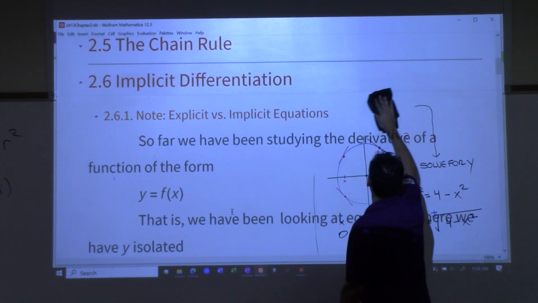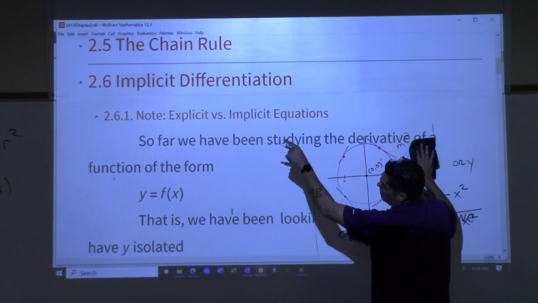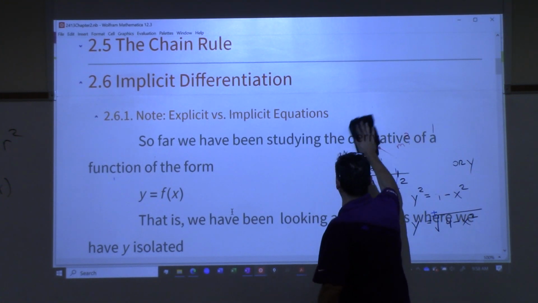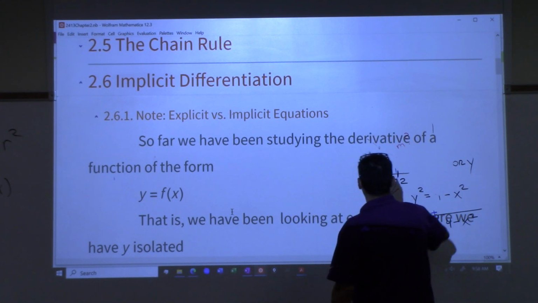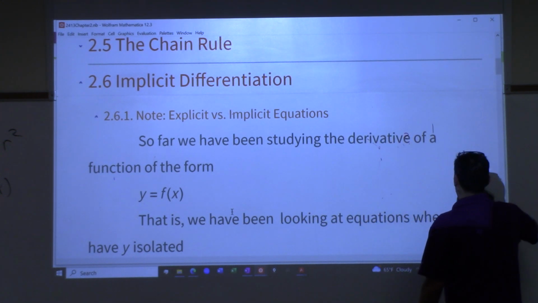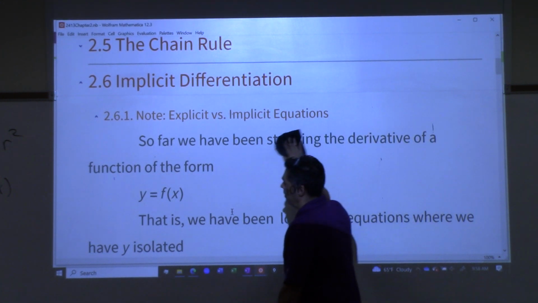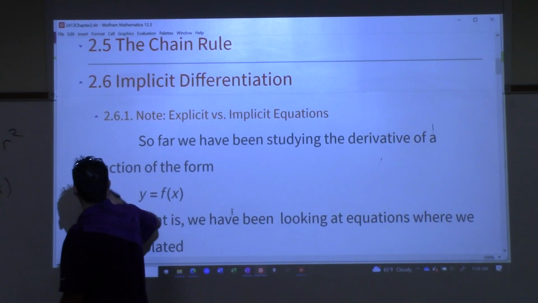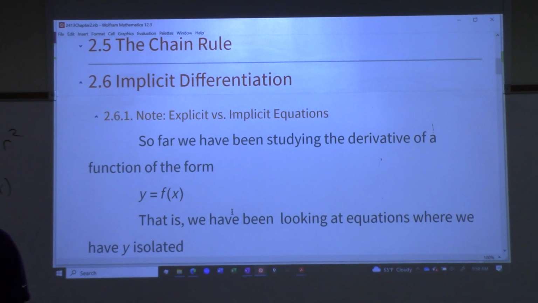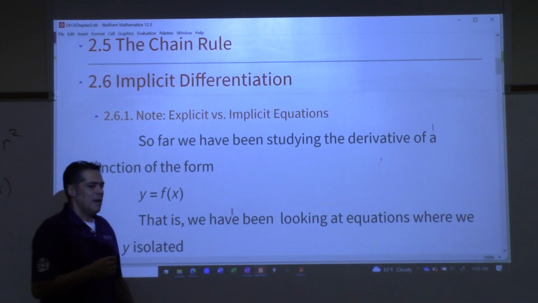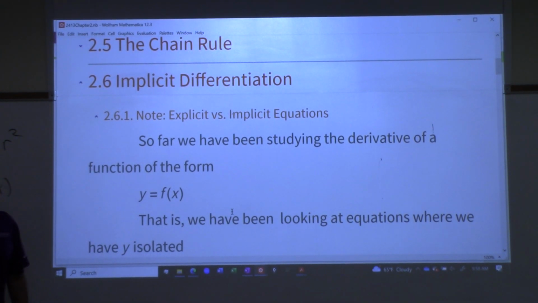This section 2.6, after the chain rule, is called implicit differentiation. The word implicit comes from the word imply. To imply something is to express something without directly expressing it.